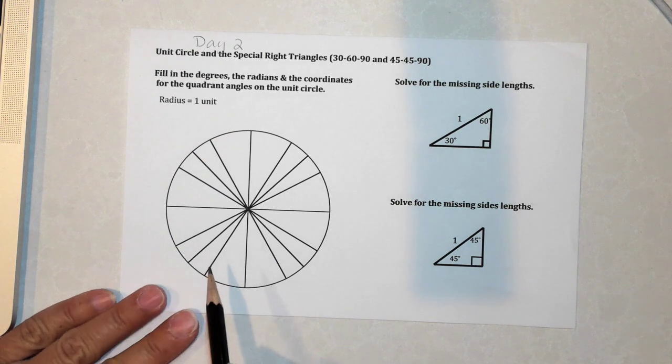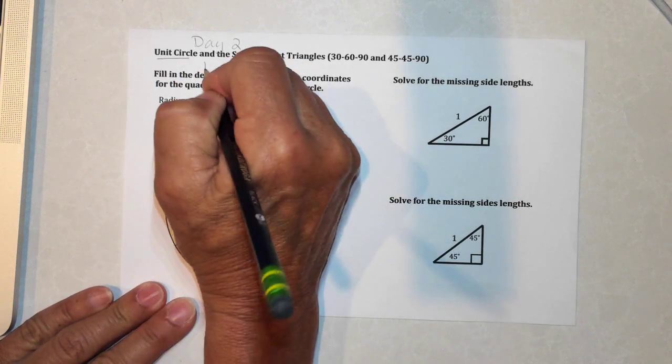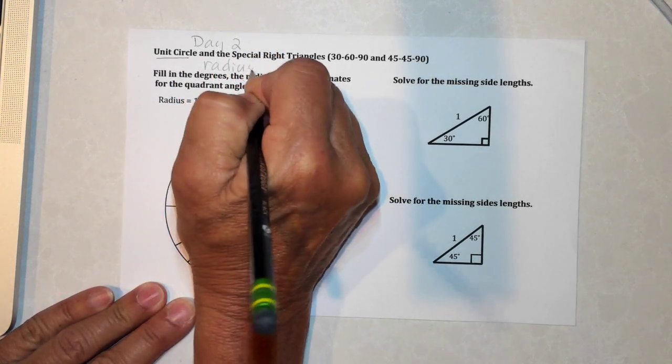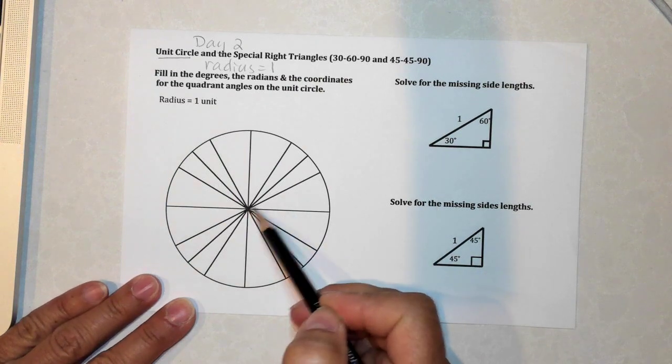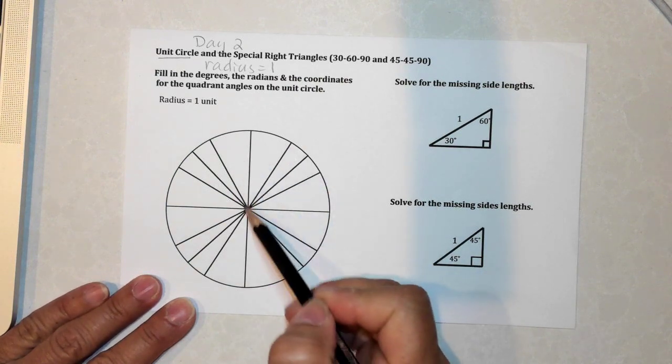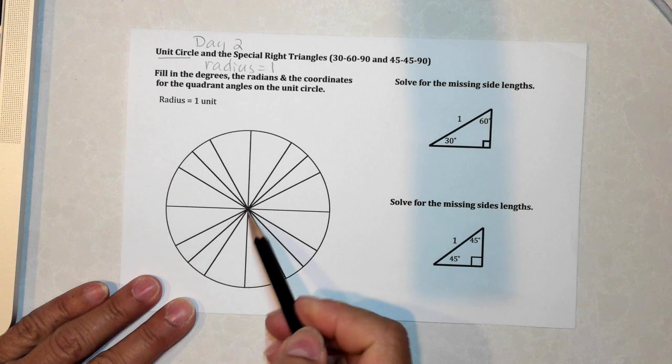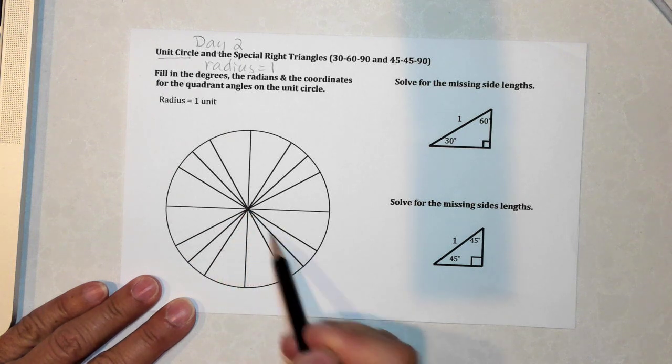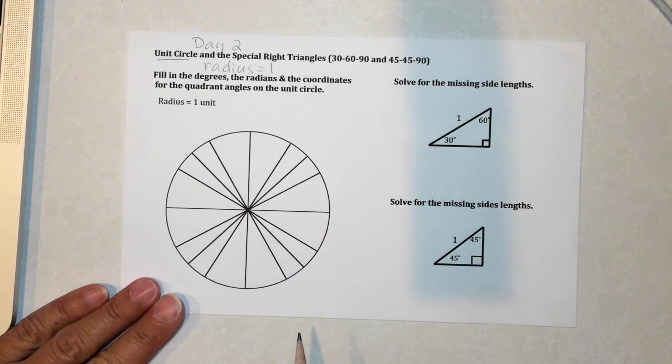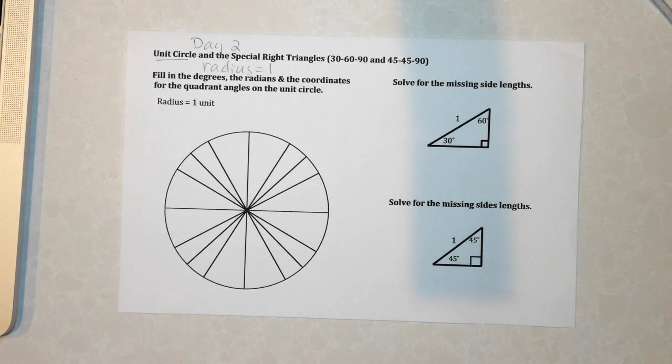Keep in mind that this is the unit circle. So the radius, like we talked about yesterday, equals 1. That means the length of every one of these lines, since they're all radii, fancy term for radiuses, they're all 1. So every time we get to one of those spots, they're going to form a triangle, and I'll show you how.